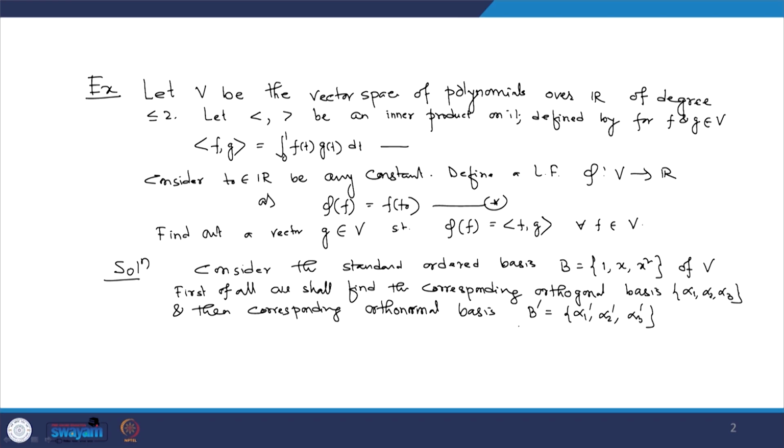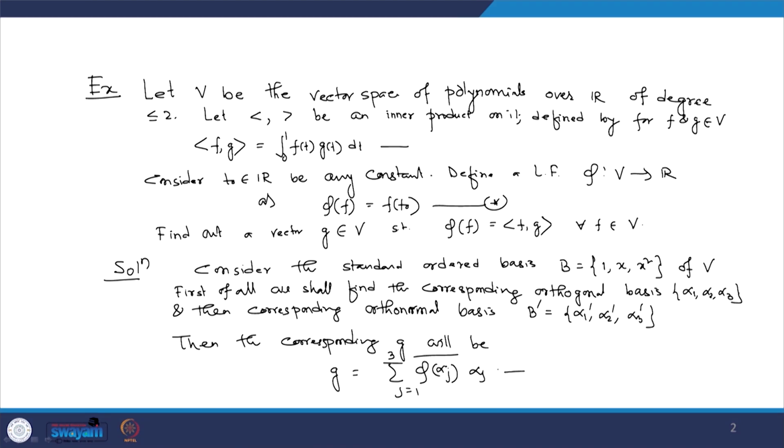So, suppose B prime is known to us, then the corresponding G will be equal to the sum of phi of alpha j prime bar times alpha j prime, j equal to 1 to 3.